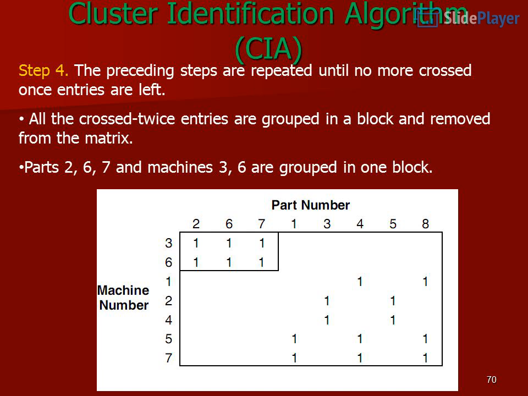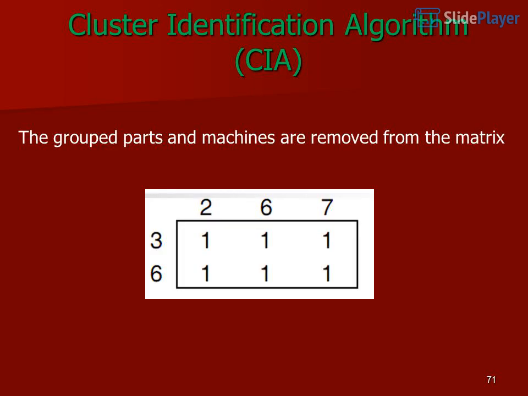The preceding steps are repeated until no more crossed once entries are left. All the crossed twice entries are grouped in a block and removed from the matrix. Parts 2, 6, 7 and machines 3, 6 are grouped in one block. The grouped parts and machines are removed from the matrix.